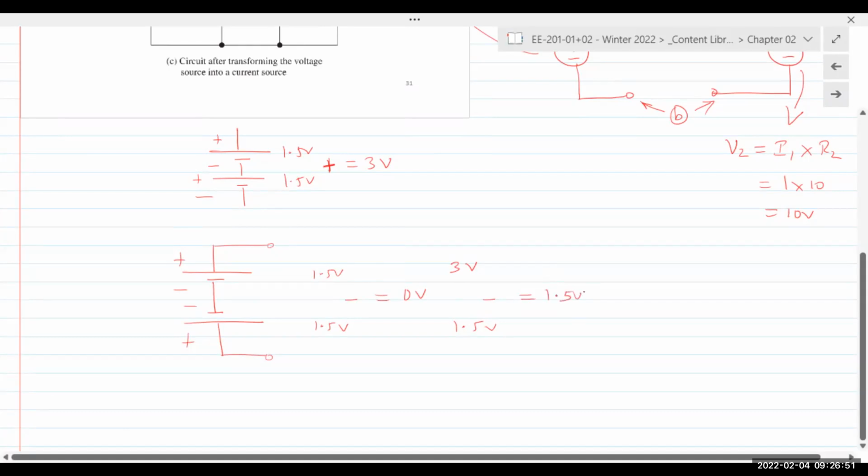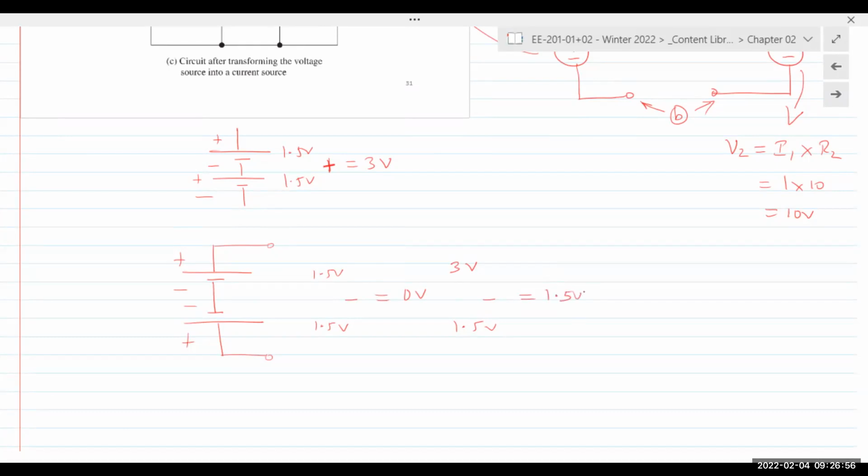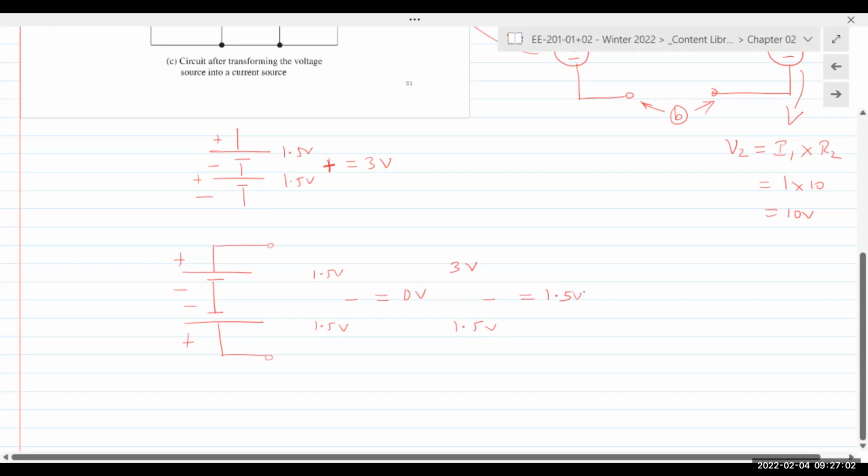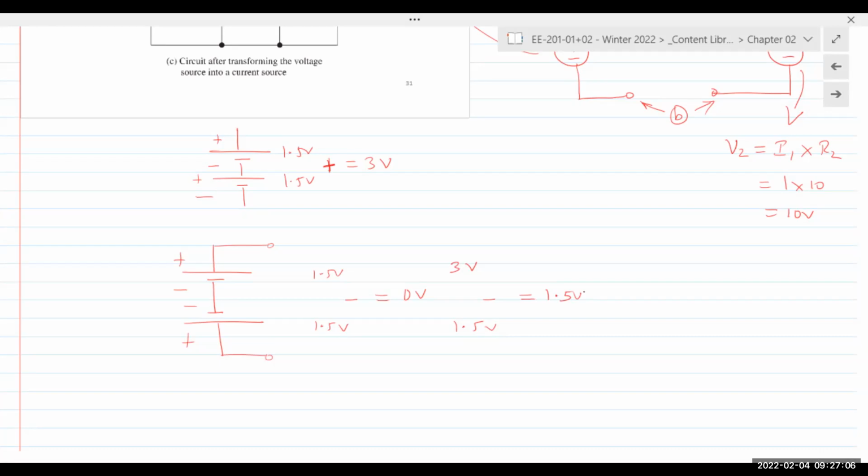It simply means this point at the top of the connection is 3 volts higher than the other point, right? And then this point is 1.5 volts higher than this one. So when you take the difference between the two, you get the top point 1.5 volts higher than the lower point.